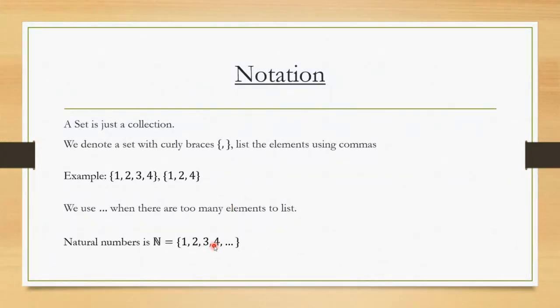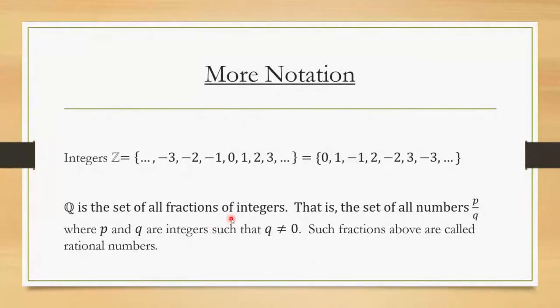We took that set, we added 0, and we added the negative integers. And we have this notation, mostly to indicate that the pattern keeps on going. So for instance, before -3, you would have -4, -5, -6, and so on. After 3, you would have 4, 5, 6, and so on and so forth.